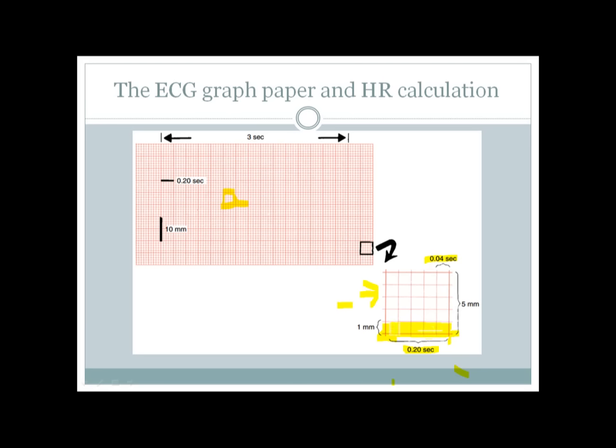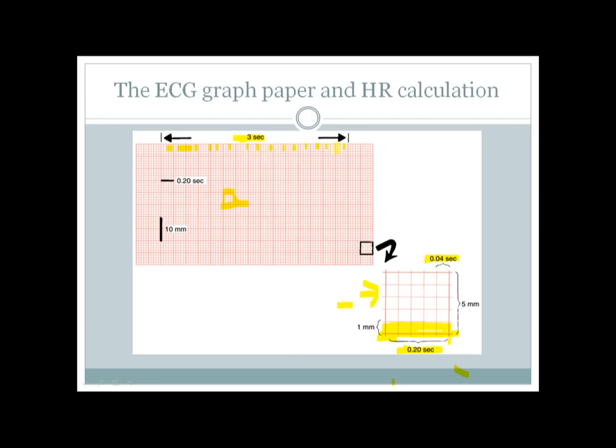So one large box is 0.2 seconds, one small box is 0.04 seconds, and here you can see another thing: 3 seconds. If we pass the ECG graph paper through the ECG machine for 3 seconds, it will travel about 15 large boxes.